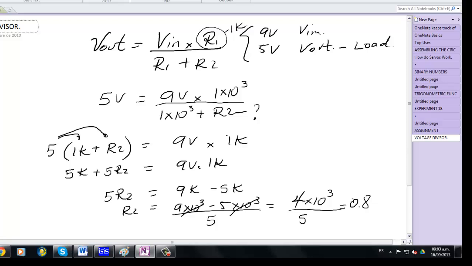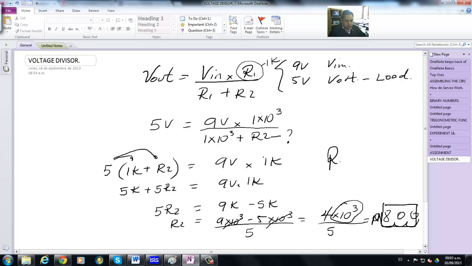Since we have 0.8 and 10 to the power of 3, let's move 3 positions: 1, 2, 3. So we have 800. So our value is resistor 2 will be equal to 800 ohms.